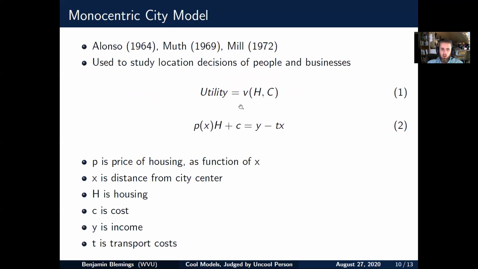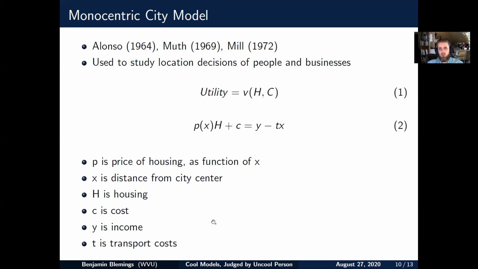And so this constraint here just says that their utility is constrained by how much they have to pay to live farther away from the city, where X is the distance to the city, H is how much housing they buy, C is the cost of this consumption good, Y is their income, and then T is their transport cost to get to their job in the middle of the city, or the central business district, as it's called.